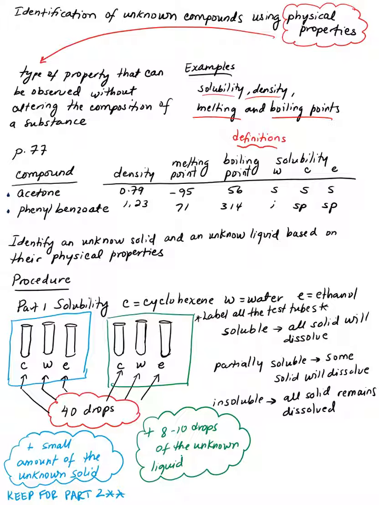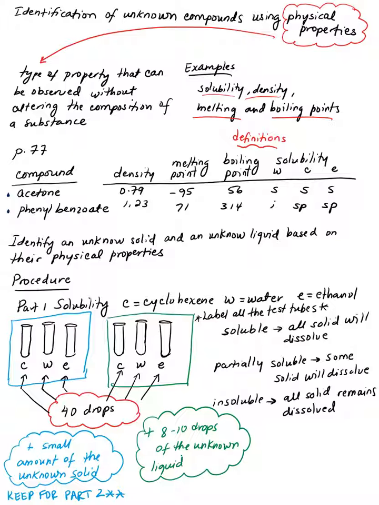Look, acetone has a melting point of a negative number. Melting point is the temperature at which a solid becomes a liquid. Negative 95 is a number that is smaller than room temperature. Room temperature should be close to 19, 20, 21 degrees. So negative 95 is way below room temperature. If you have a negative melting point, it means that substance is actually a liquid at room temperature.